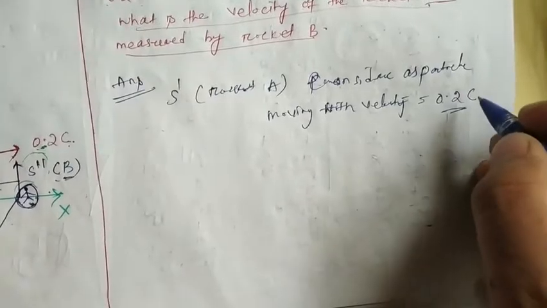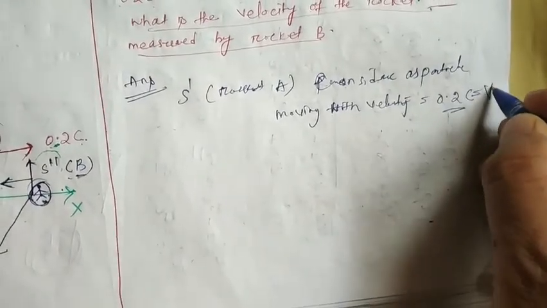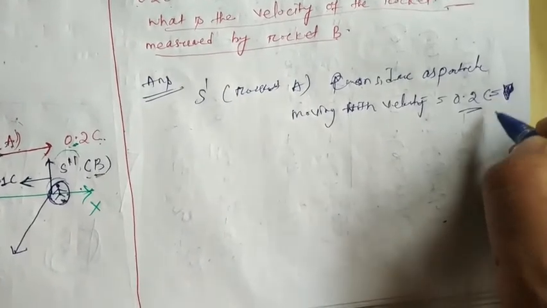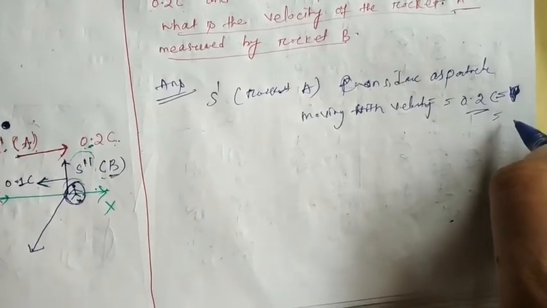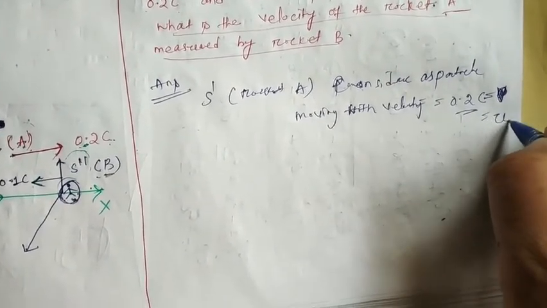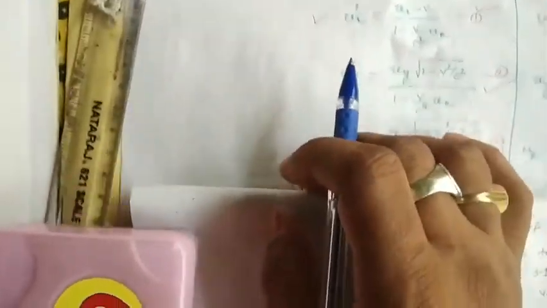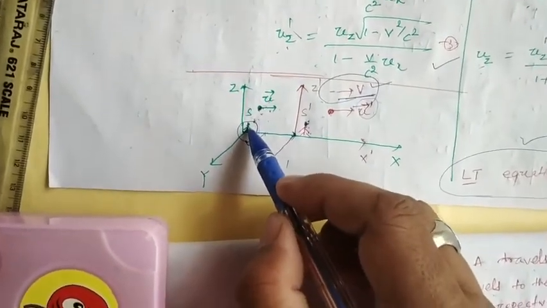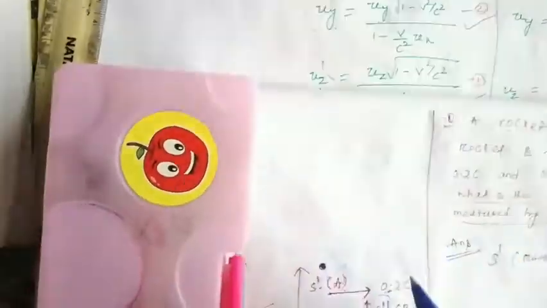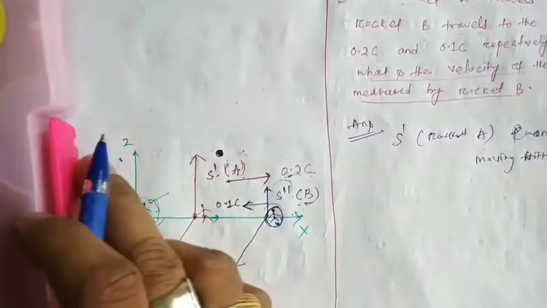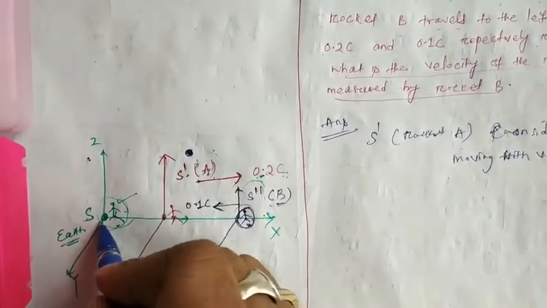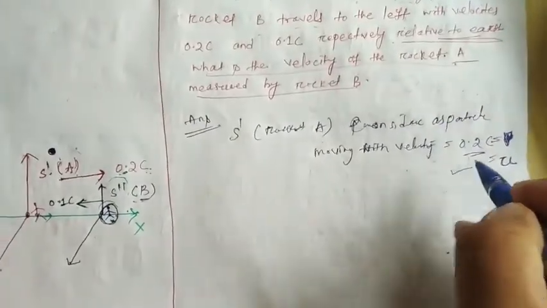That is nothing but your u, like the particle which is moving with u with respect to S. Here this rocket A is considered as a particle moving with velocity 0.2 c with respect to S.